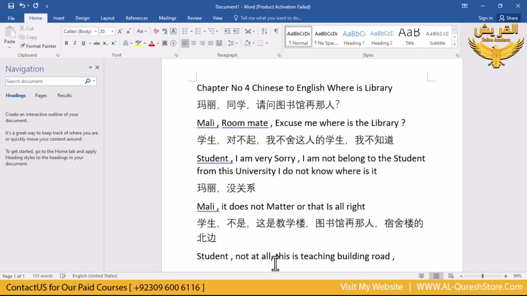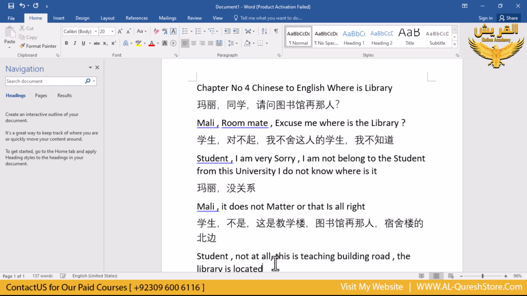Tushuguan Sainar. The library is located.